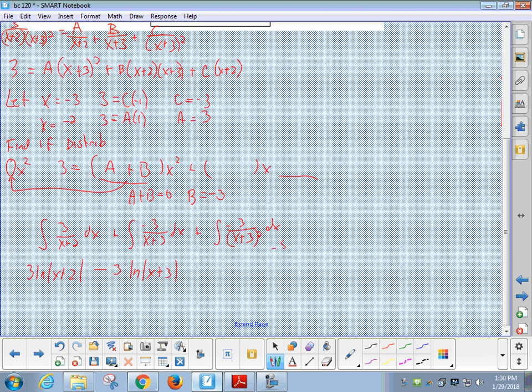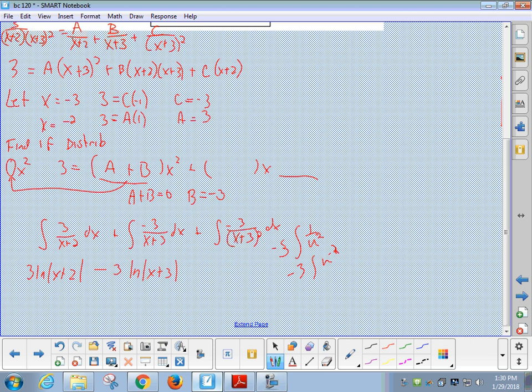Think negative 3, 1 over u, or negative 3 u to the negative 2. What's the antiderivative of negative 3 u to the negative 2? Positive power rule? Positive 3 u to the negative 1, right? When we integrate power rule, we raise it by 1 and divide by the new power. Remember?